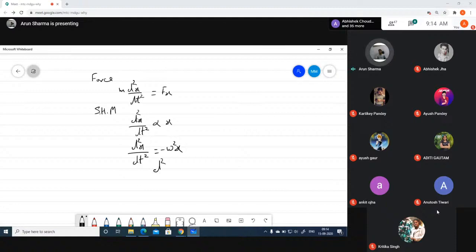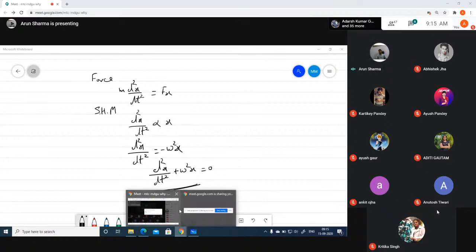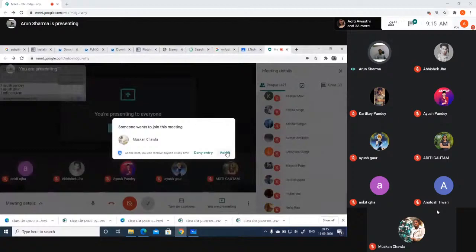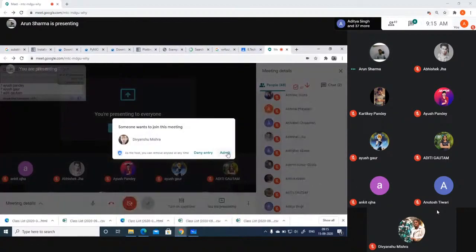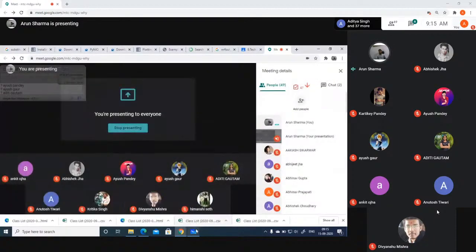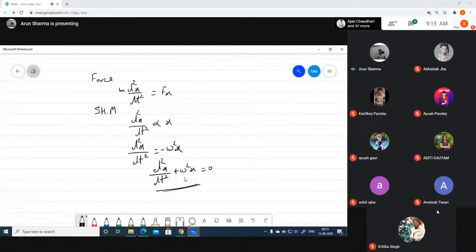So maybe you have seen these types of differential equations many times. So how to solve this equation? Today I will discuss these equations.